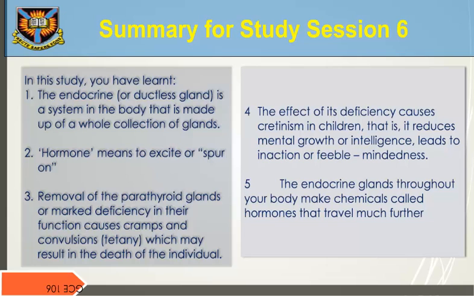The effect of thyroid deficiency causes cretinism in children, that is, it reduces mental growth or intelligence, leads to inaction or feeble-mindedness. 5. The endocrine glands throughout your body make chemicals called hormones that travel much further.